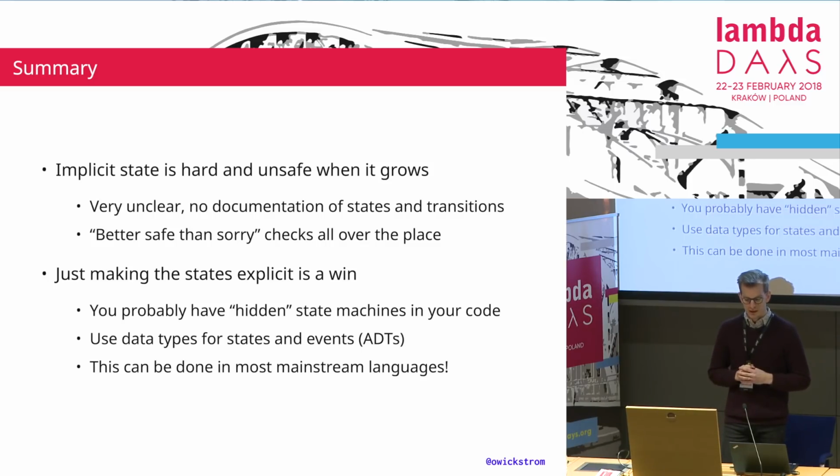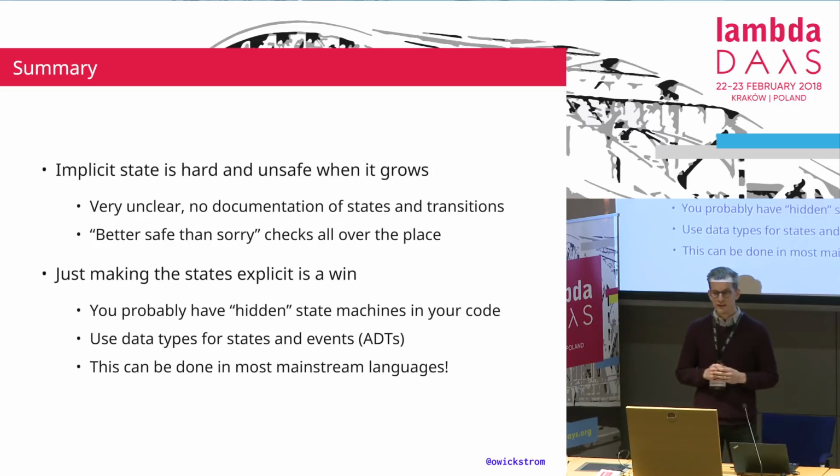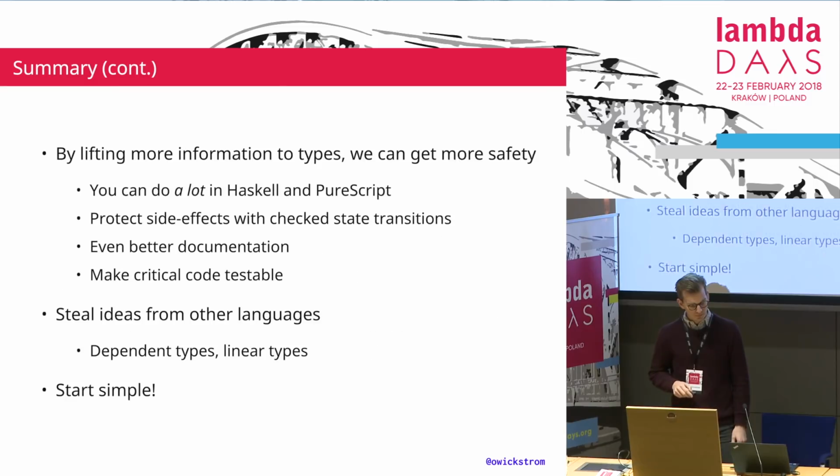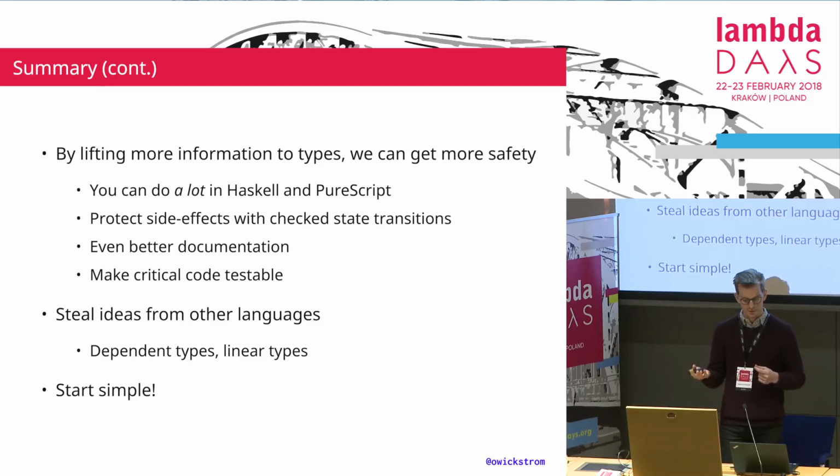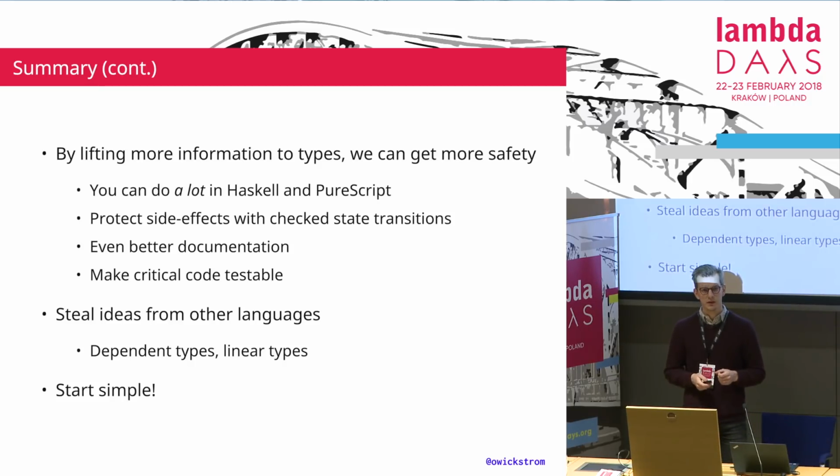You can use data types for states and events and possibly transitions like I've shown you. And you can gain a lot by just doing that in most programming languages. We can lift more information to the type level and get some more safety around transitions. Haskell and PureScript are good examples, but you can also steal some ideas from Idris and similar languages, or linear types or whatever.